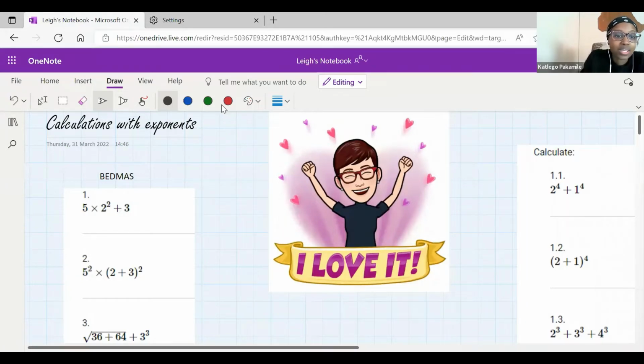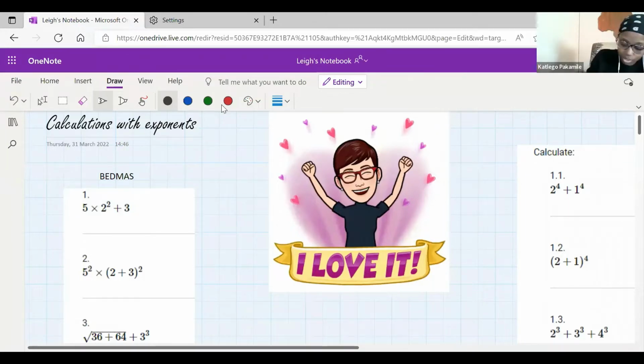So let's start with B. Are there any brackets? No, ma'am. Okay, so the next one is E, which stands for? Exponent. Which ones are the exponents here? 2 to the power of 2. Right, so we start at exponents.